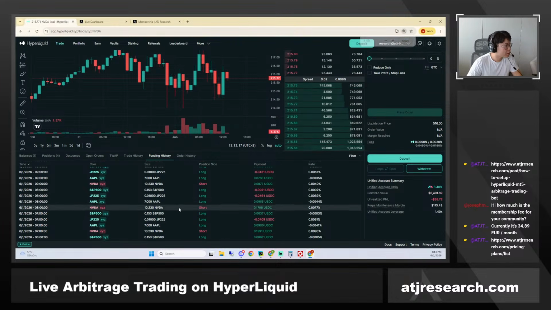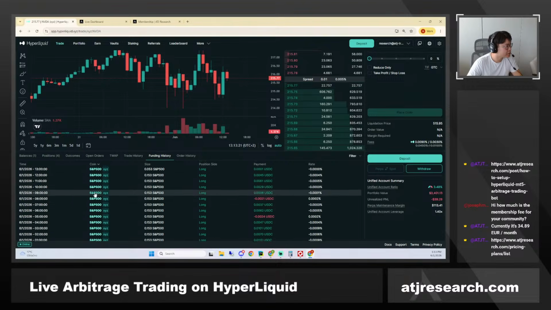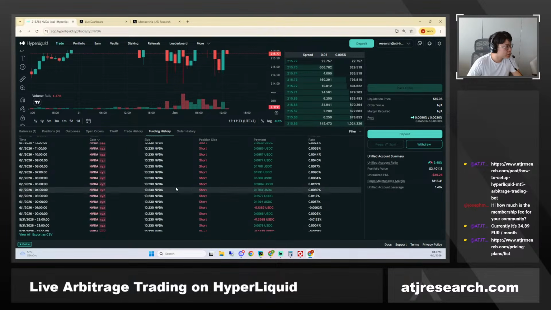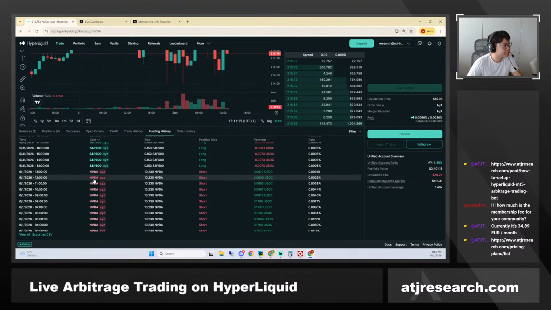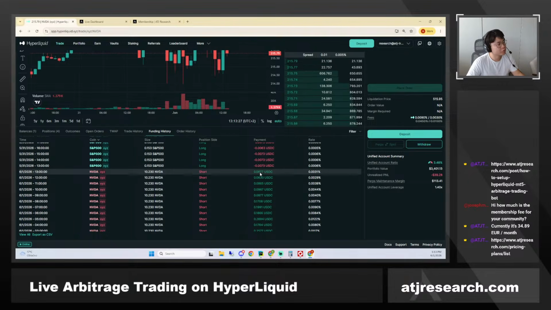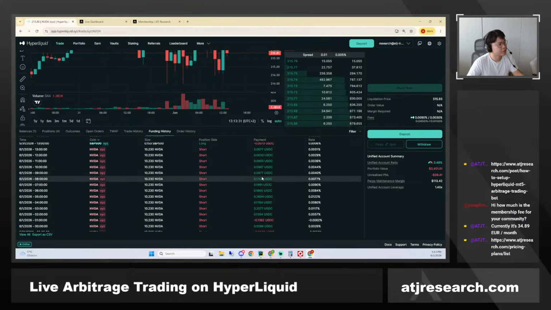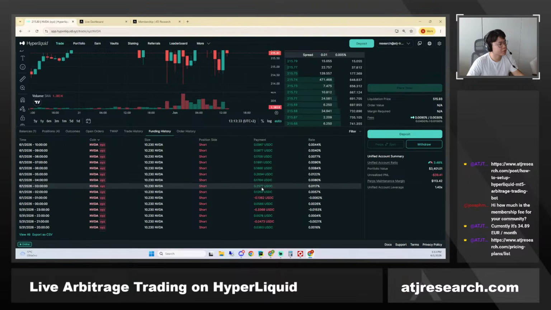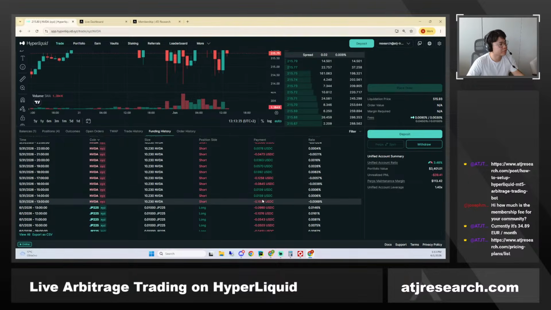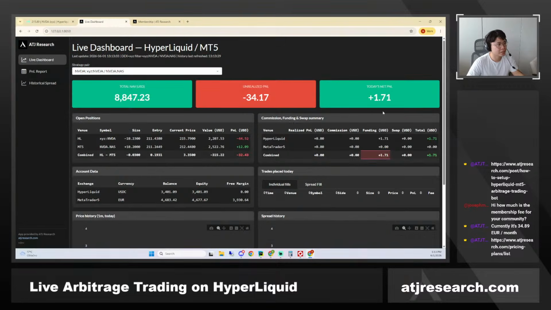Let me try to filter just by NVIDIA. Let's see if we have a filter here. Here we have our NVIDIA, and you see that for the most part our funding rates were almost always positive. This is how we made money on NVIDIA. This is pretty good.